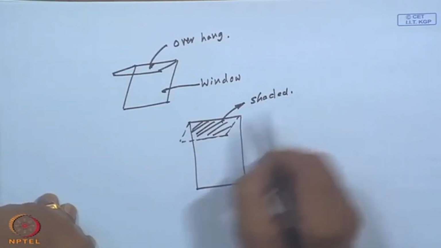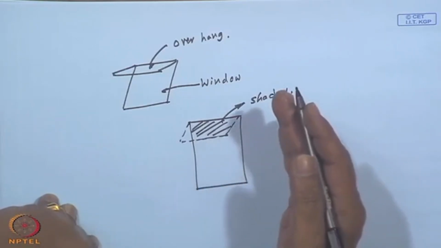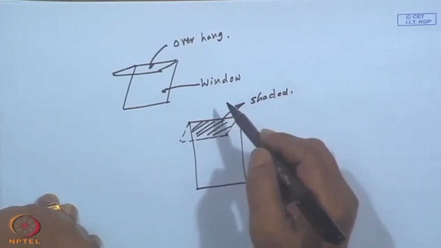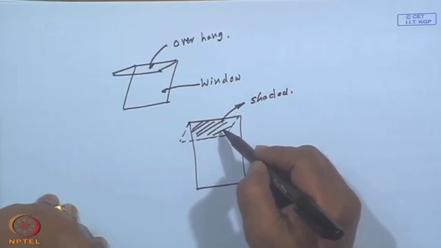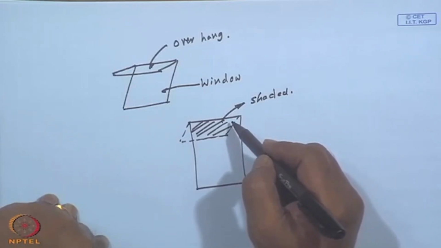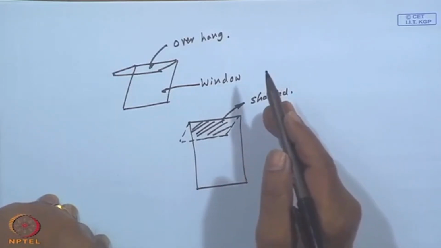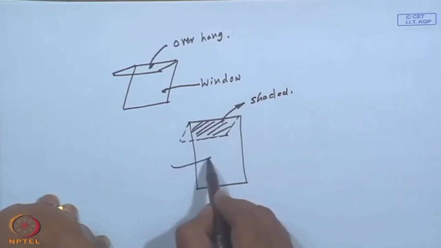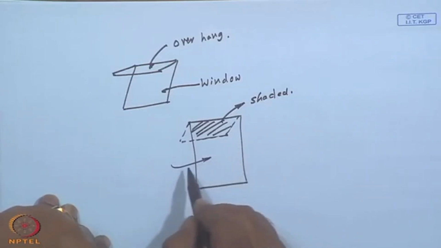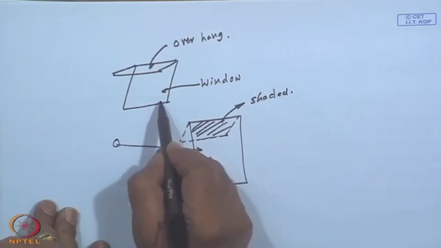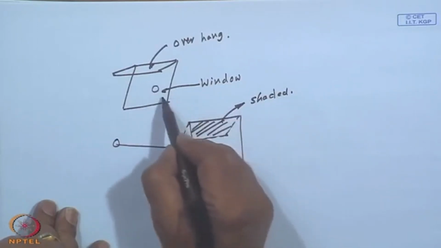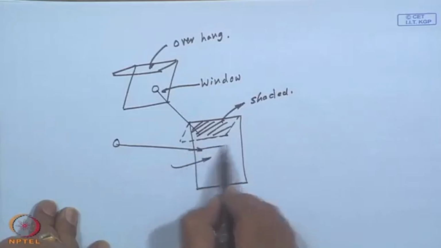What this will provide is, I think commonly we may have an idea that this is to prevent rain entering through the window. That could be true, but this has a very functional purpose. In winter, the sun is pretty low in the northern hemisphere, so it will allow the sun's rays through the window, and in summer the sun is pretty high up and it will cast a big shadow over here.